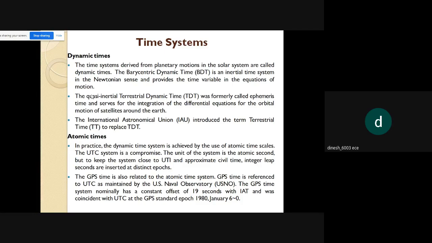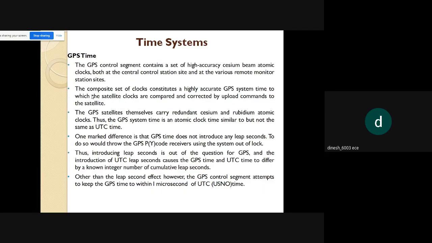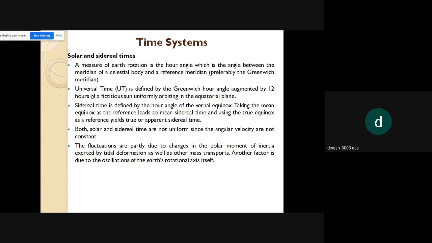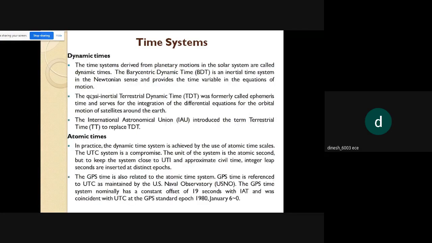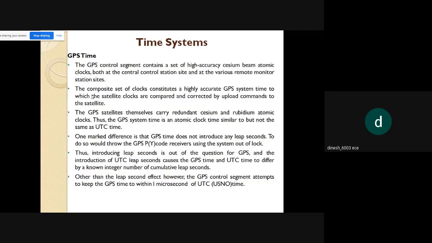It was given in the year 1980. So GPS time was introduced to overcome all these solar, dynamic, and atomic times, and it had control segments with high accuracy cesium beam atomic clocks, both at the central clock station and at the remote monitor stations.